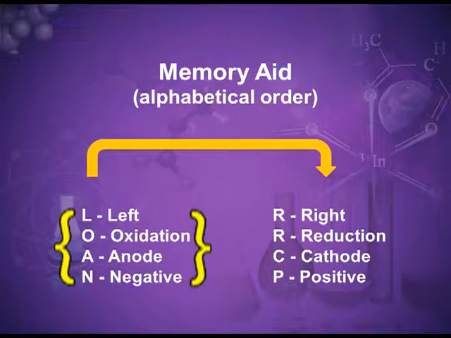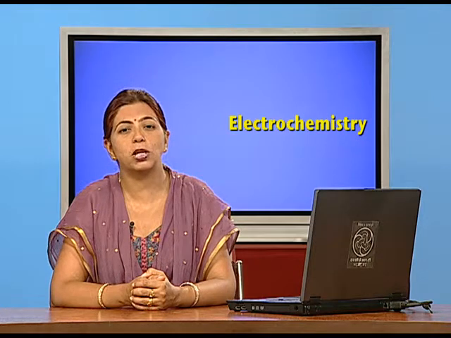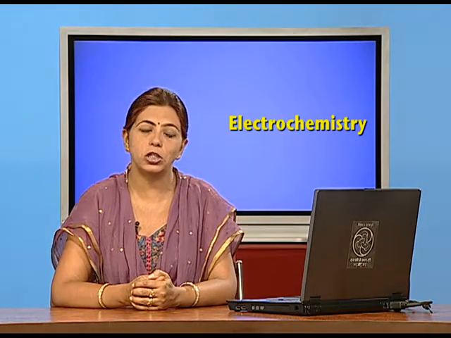If on the left hand side it is the loss of electrons, then on the right hand side it is the gain of electrons. And if on the left hand side the loss of electrons is oxidation, then on the right hand side it is reduction and it takes place at cathode, and cathode is the positive terminal.